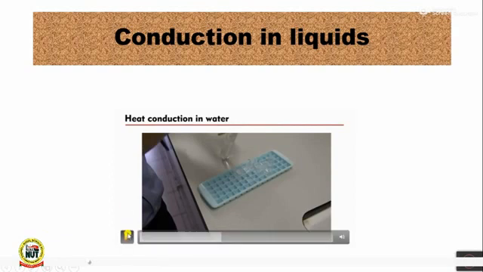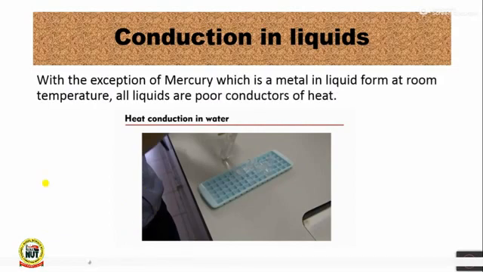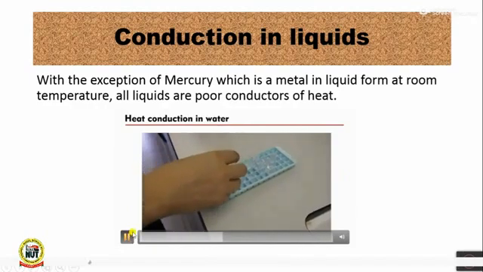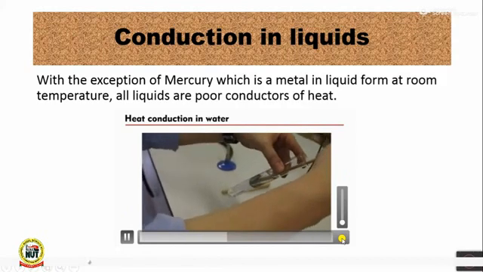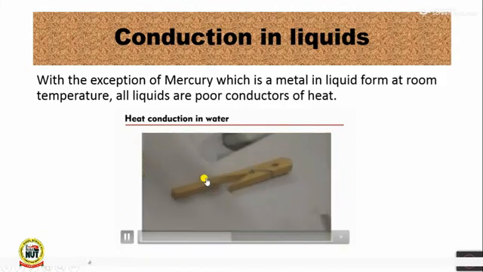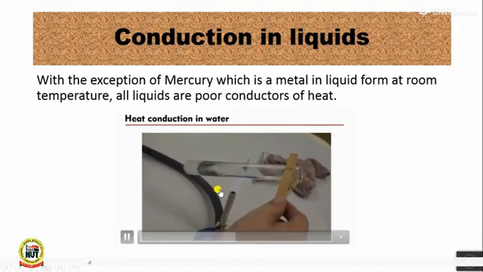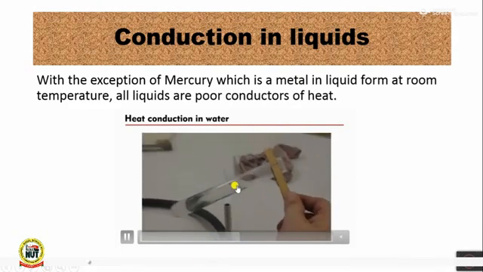Okay, look at it. This is our ice. Like you can see, this ice is pushed under the water by a wire gauze, and then the top level of the water is heated.